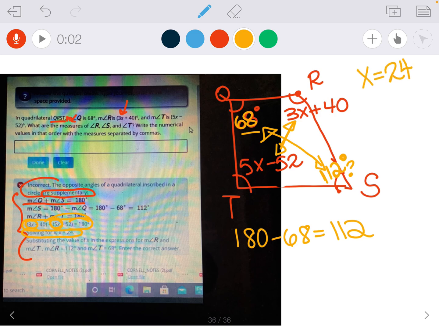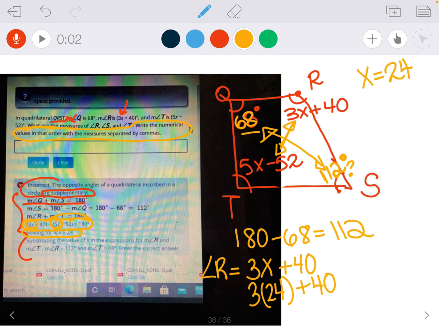this actual problem wants you to know what the numerical values are. So look at angle R, which is 3x plus 40. I know that x is 24, so I plugged that value in. Using order of operations, I would multiply first: 3 times 24.